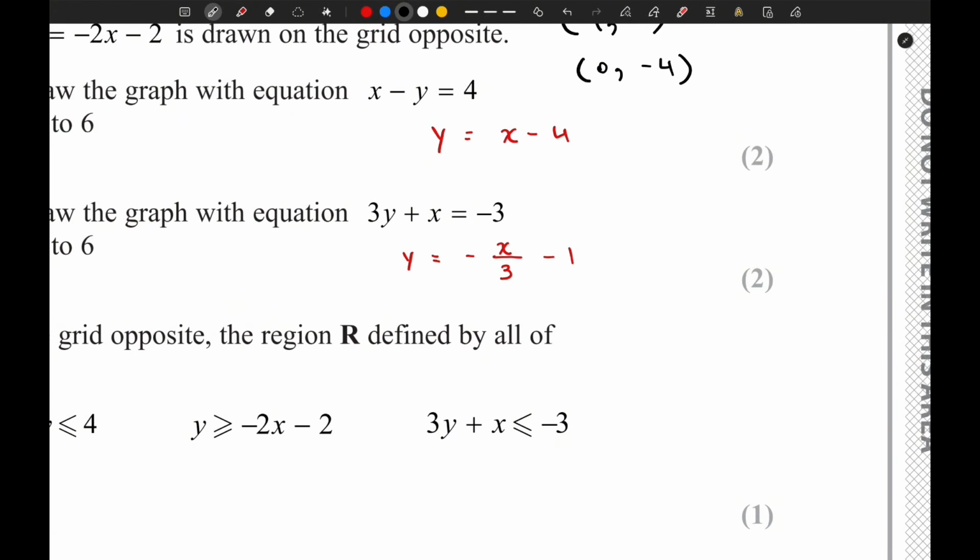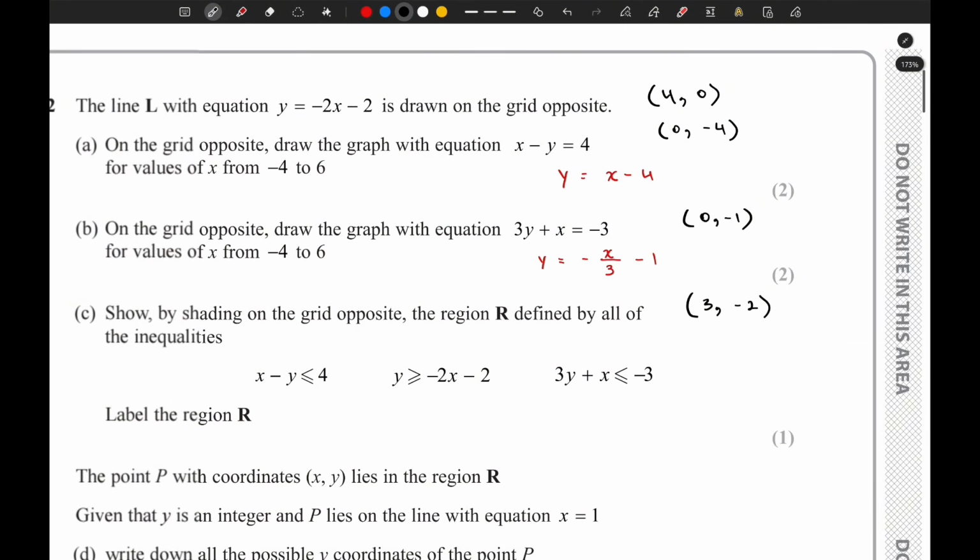One of the coordinates is the y-intercept, that is minus 1. So one of the coordinates will be 0 and minus 1. And for the other coordinate, let's just substitute x equals 3 into the equation. So when the value of x is 3, the value of y is minus 2. So we have 2 coordinates.